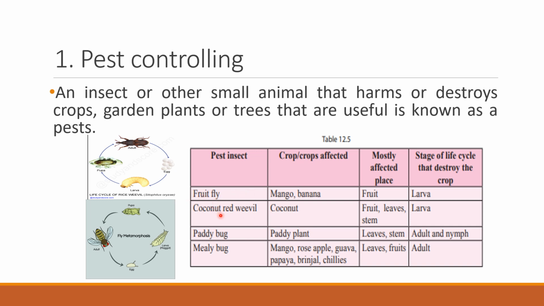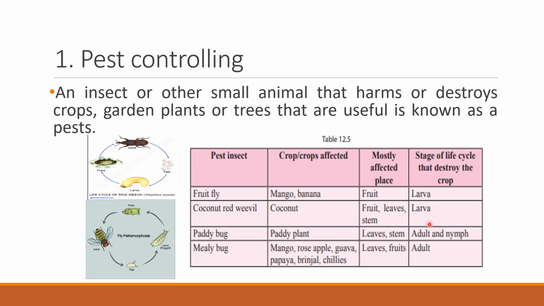And also, if you consider the coconut red weevil, it is also the larval stage that harms the coconut plant. So, if you destroy or remove this larval stage, you can protect the coconut cultivation from the effect of this coconut red weevil.